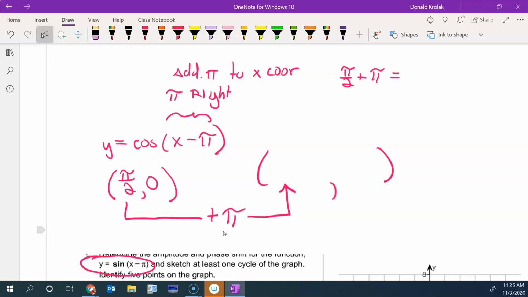Least common denominator, pardon me, 2. This would be pi plus 2 pi. So that's 3 pi over 2. Okay, anybody else?